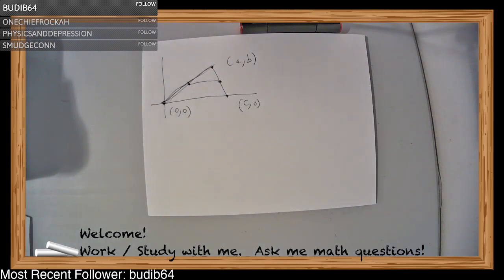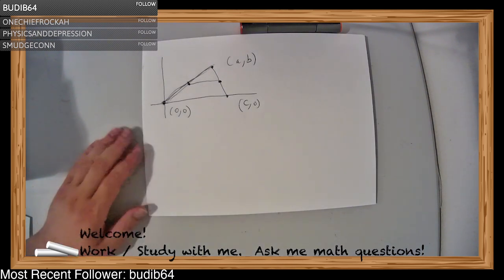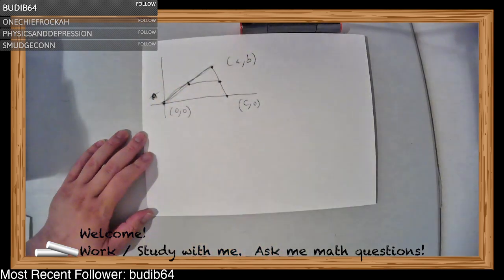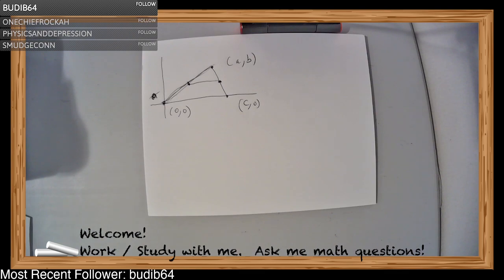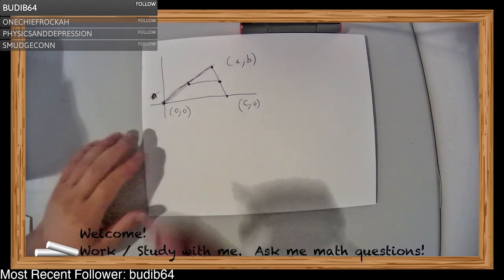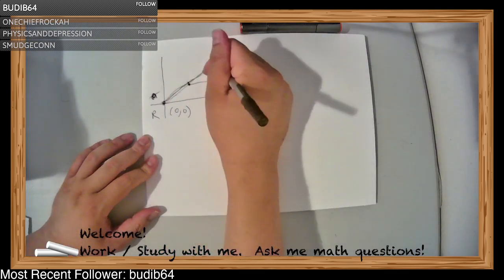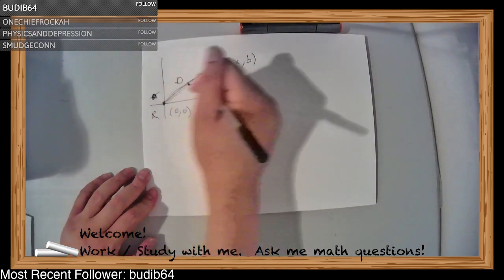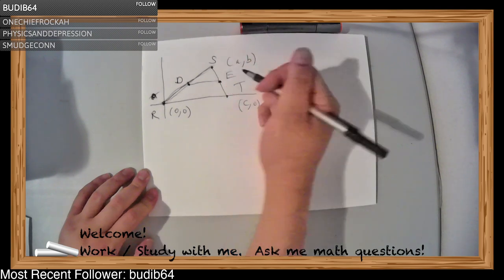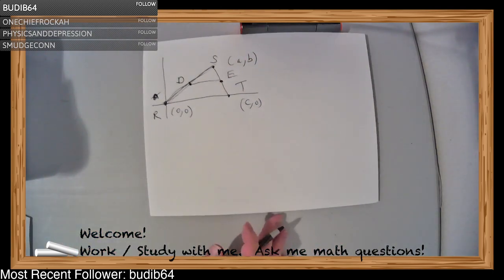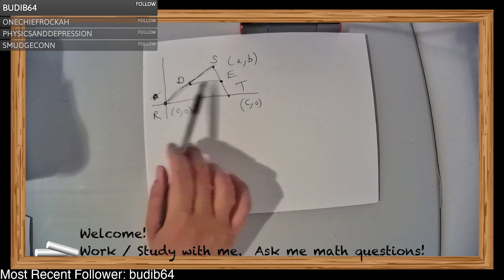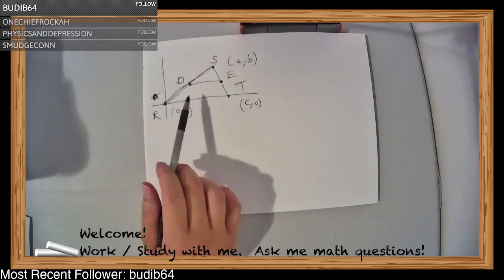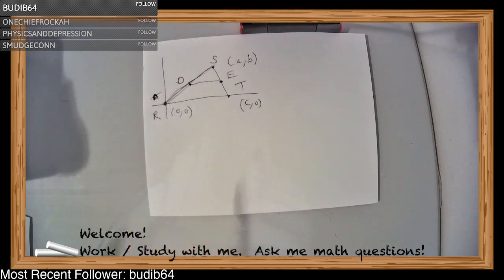And there's a few things we can say about this. The first thing is that, let's just call it, well, not ABC, because we have plenty of ABCs, RST. Okay, and we'll call this D and E. And the first thing that you might know is that DE, when you connect the midpoints, is always parallel to the base.